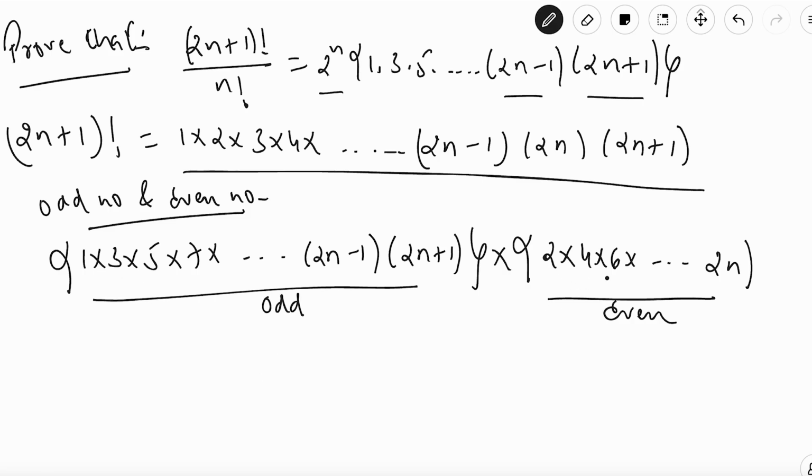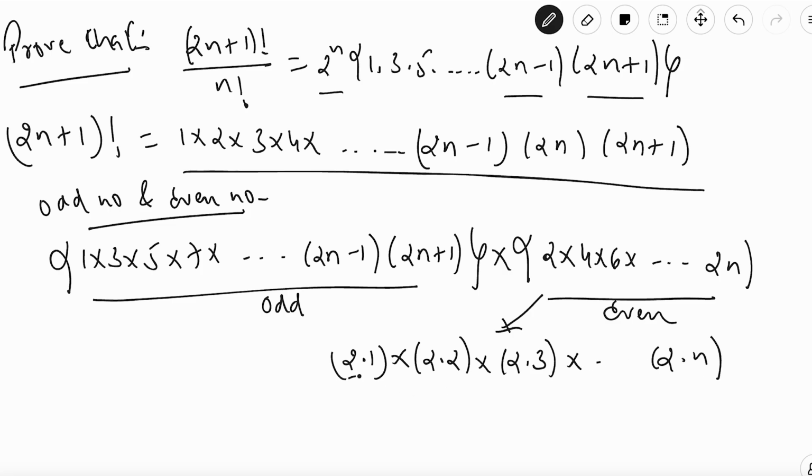So now in the even numbers, 2 is common here. For example, 2 can be written as 2 into 1, 4 can be written as 2 into 2, 6 can be written as 2 into 3, till 2n is 2 into n.